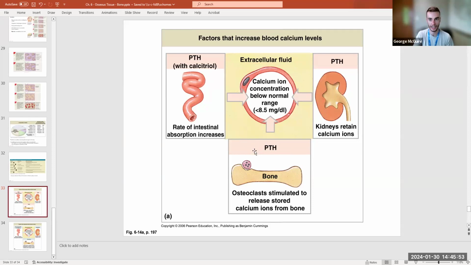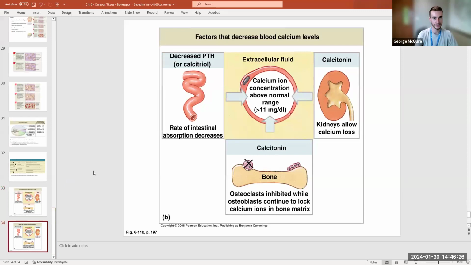So all three of these reactions are going to help increase that concentration level. So getting calcium from our diet from our intestinal lumen and into our bloodstream, keeping whatever calcium is already there by inhibiting our kidneys filtering it out and excreting it with their urine, and then activating or stimulating these osteoclasts, which will break down some of our bone, releasing that calcium and that phosphate to go back into the bloodstream. So again, hopefully these will all increase the concentration available in our blood.